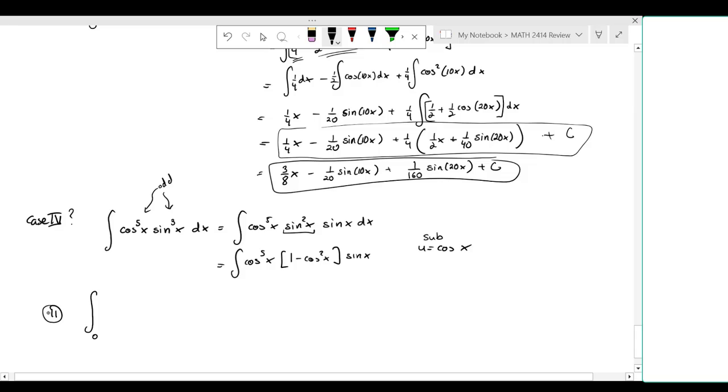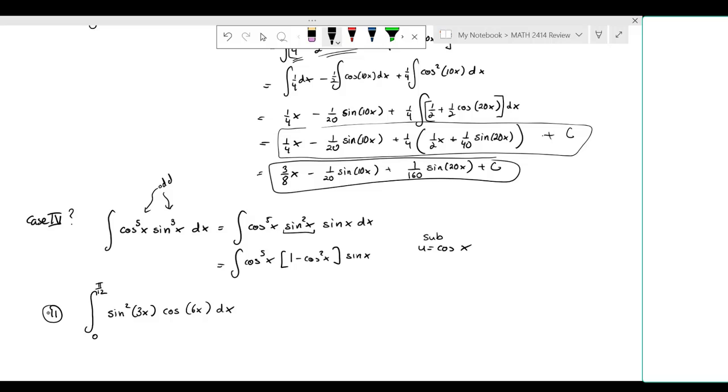It even has bounds of integration. So I see a couple options here, but the idea is that it's hard to integrate trig functions if the sine and cosine have different arguments, right?